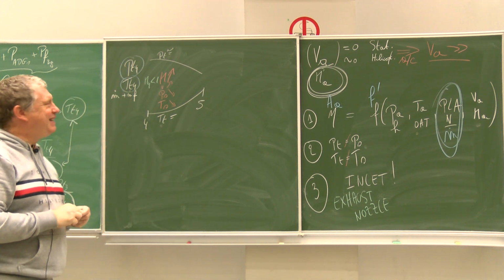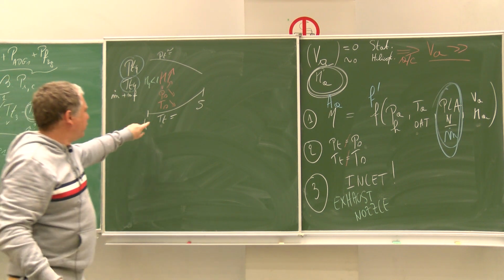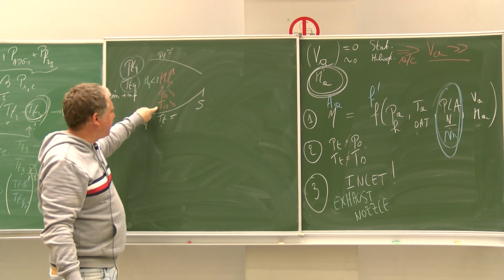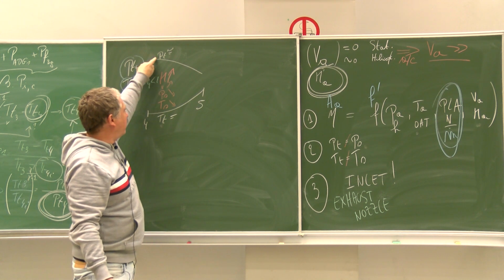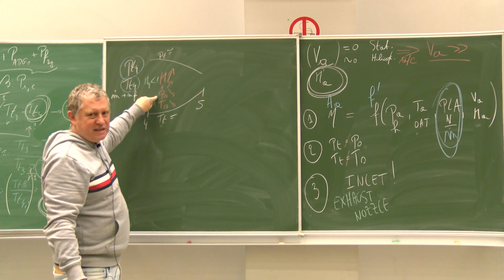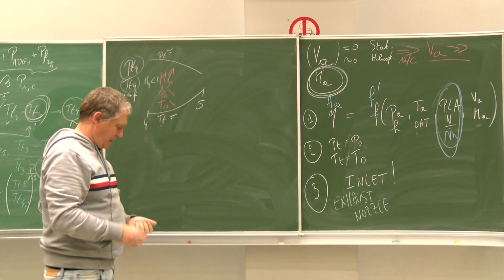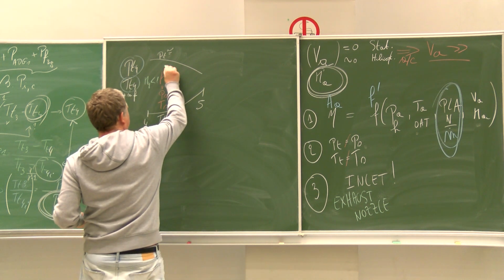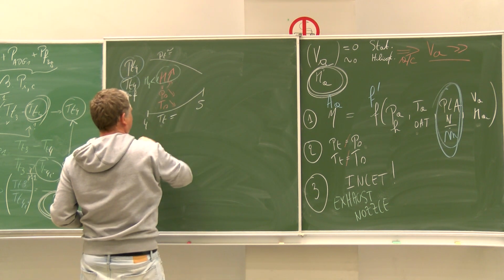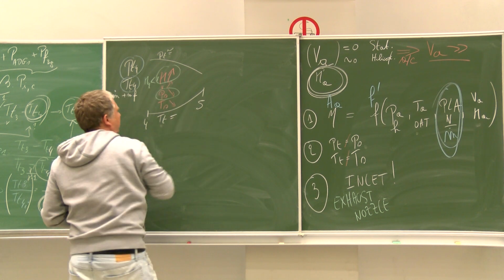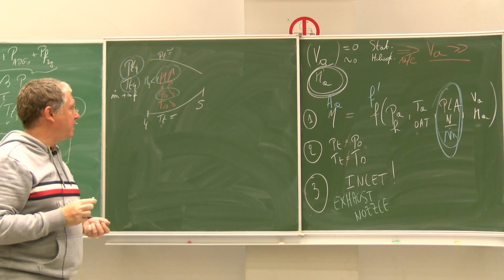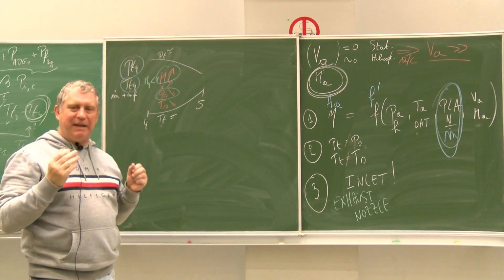They will decrease because total temperature is constant, Mach is increasing, static temperature is decreasing. This is about constant, this is increasing, so the static pressure is decreasing. So what's happening? Mach number is increasing, static pressure is decreasing. Static pressure is decreasing. What are the limits?